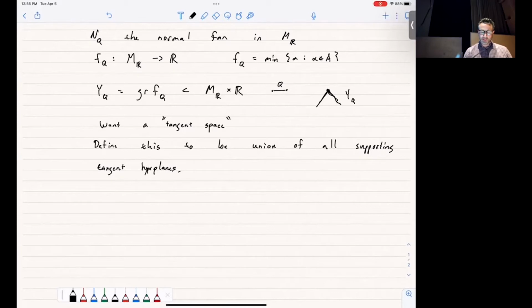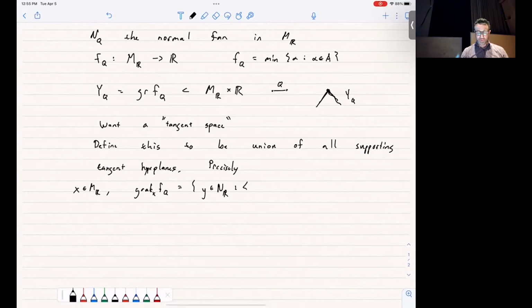So more precisely, we can talk about the gradient of our function fq at a particular point x. Here x is in MR. And this is just going to equal the set. So it's not a single cotangent vector. It'll just be the set of cotangent vectors that are supporting. There's several different ways of seeing what this is, but I'll just define it this way.